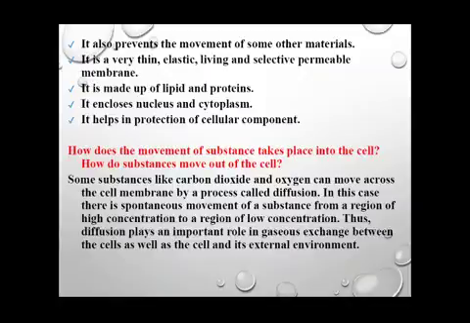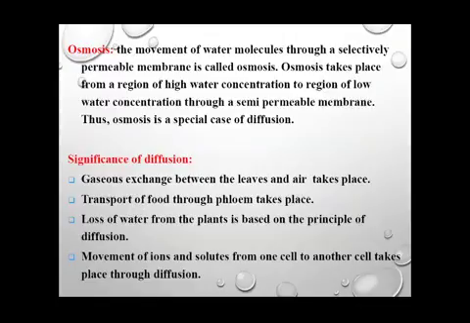So diffusion has a major role in the gaseous exchange between the cell and its external environment. Whatever exchange of gases takes place in the cells of our body is done with the help of the process known as diffusion.